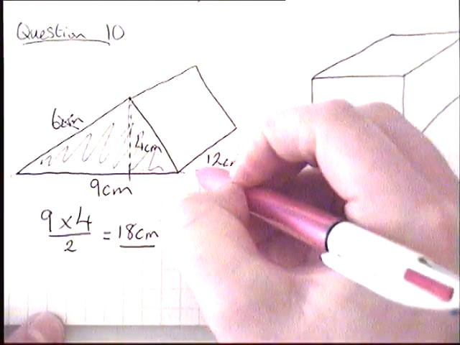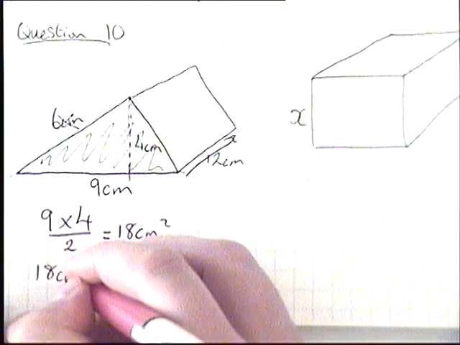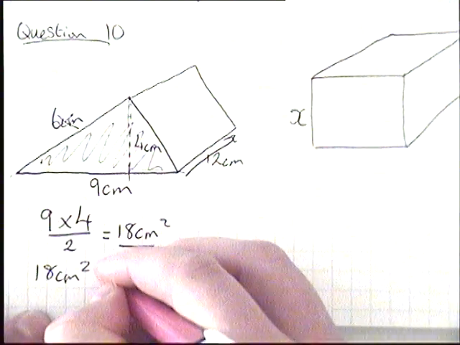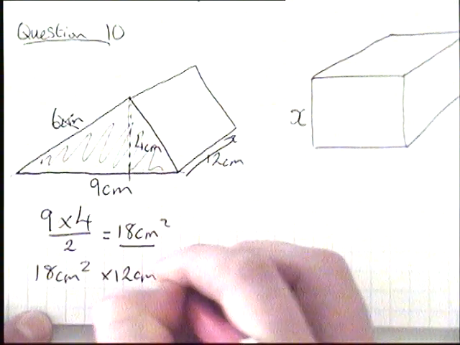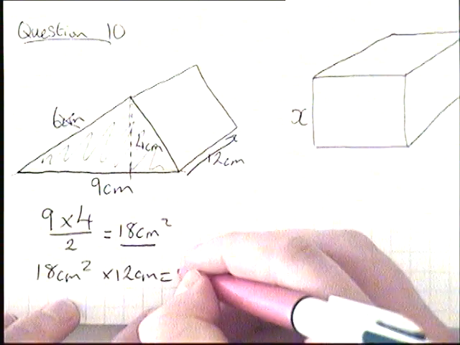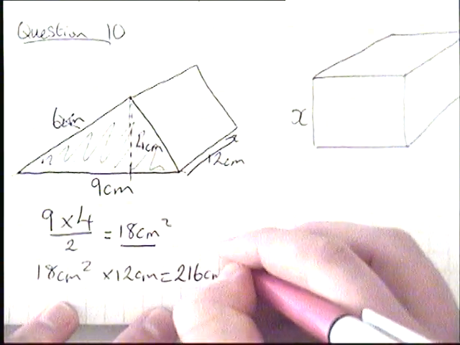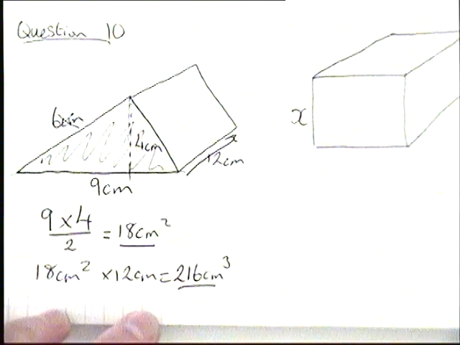We're then going to multiply that by the length of our prism, which is 12. So 18 centimeters squared times by 12 is 216 centimeters cubed.